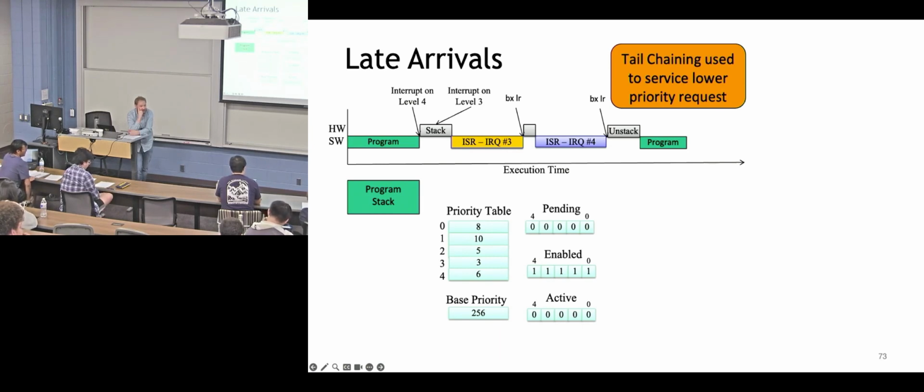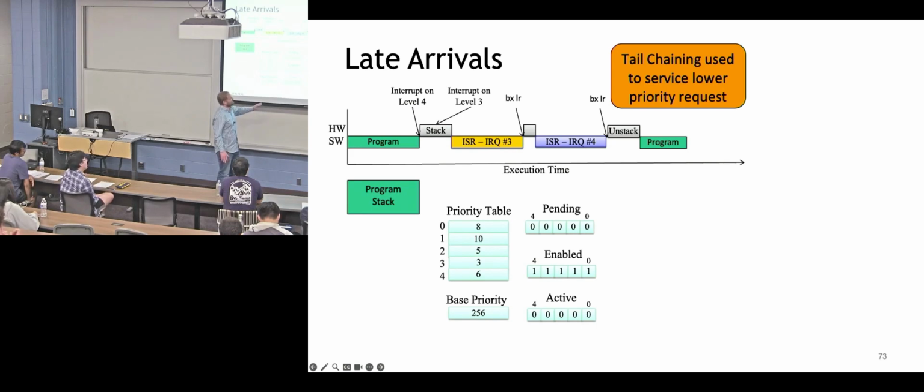Correct. So as part of your program status register, you have your active. I think you have your base priority. But yeah, all enabled and pending. These are all registers that we defined up above in the slides. Are we allowed to write to them, or just read?